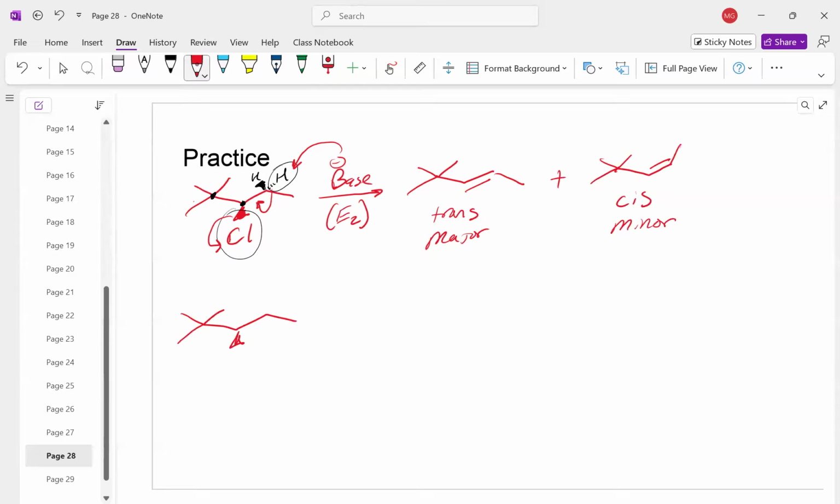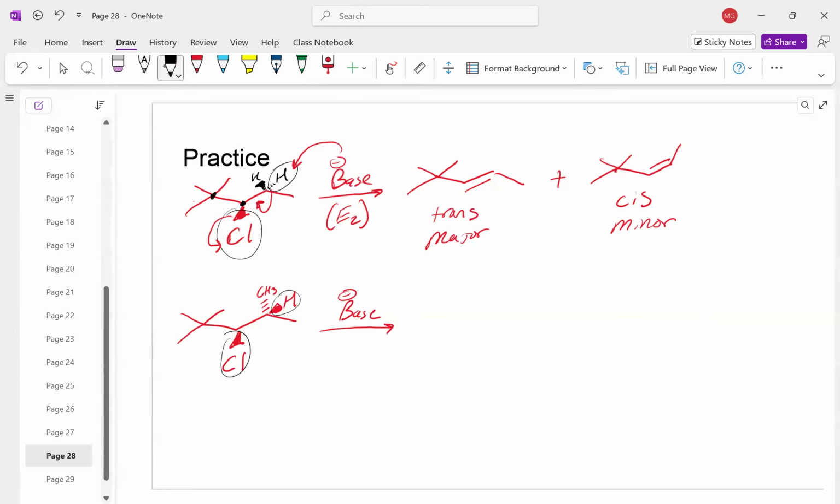Okay, so now what I want you to look at is, do I have a beta hydrogen that's anti-periplanar to the leaving group? Well, my chlorine here has a solid wedge. This hydrogen does not. That's not anti-periplanar.